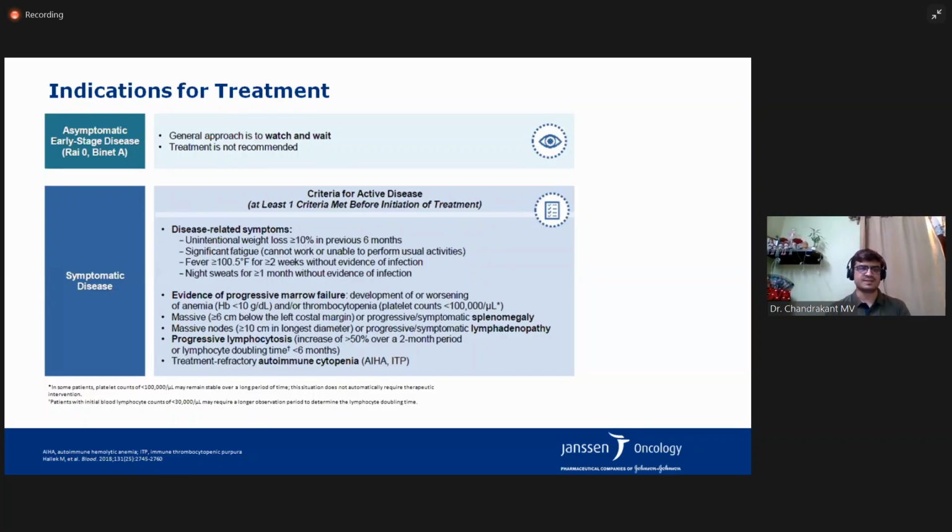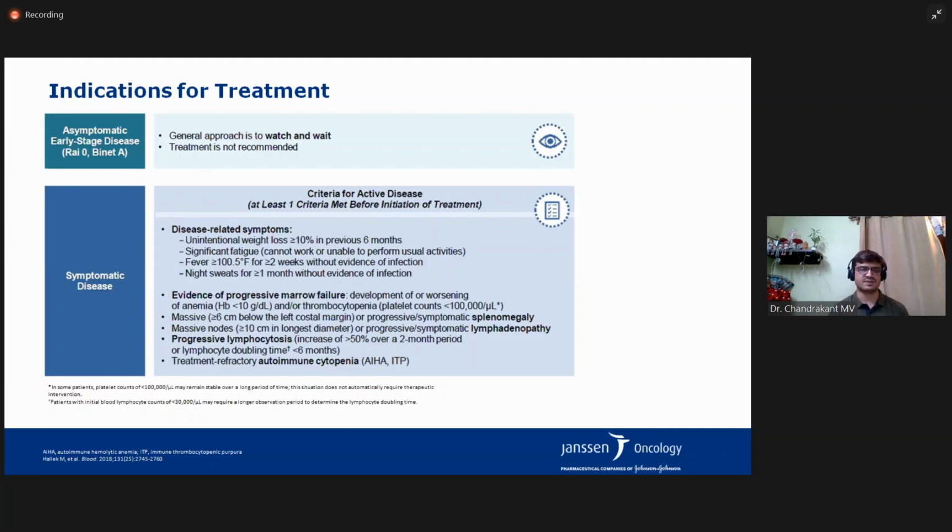And then evidence of progressive marrow failure, either anemia with hemoglobin less than 10 or platelets less than 1 lakh, then we treat. And then if there is massive splenomegaly, more than 6 centimeters, or massive nodes, more than 10 centimeters longest diameter, then also we go ahead and treat.